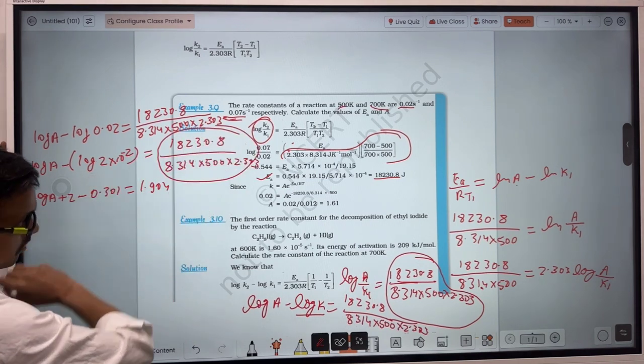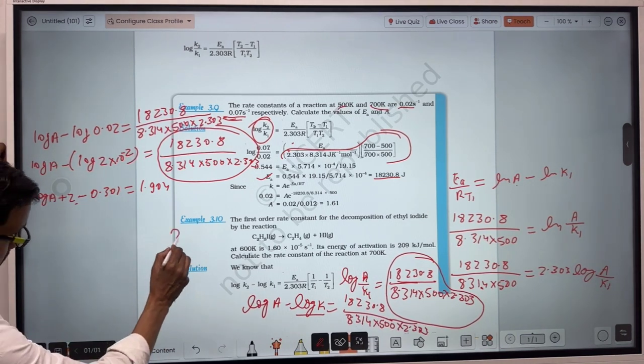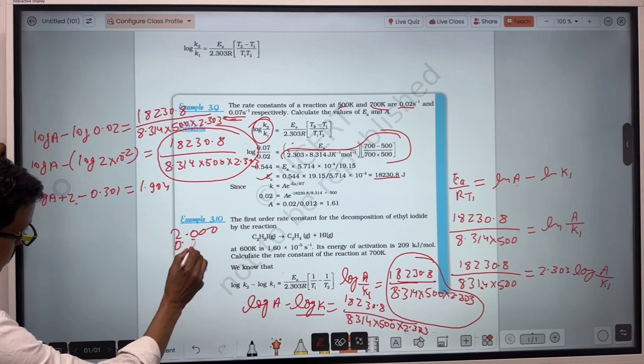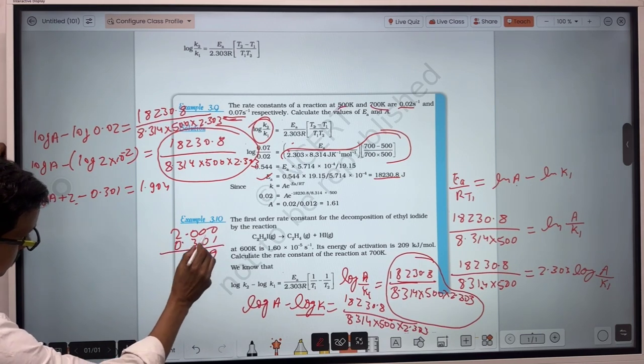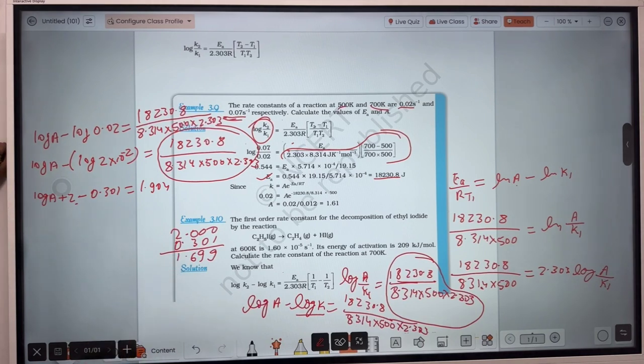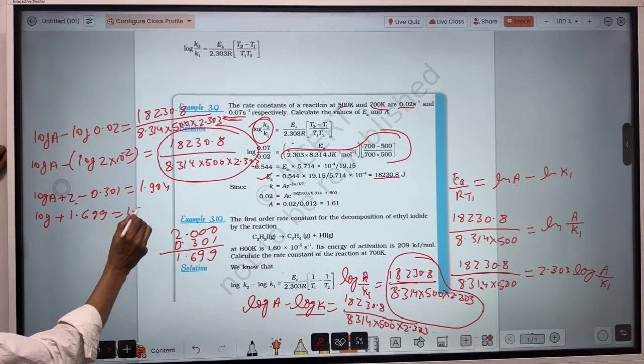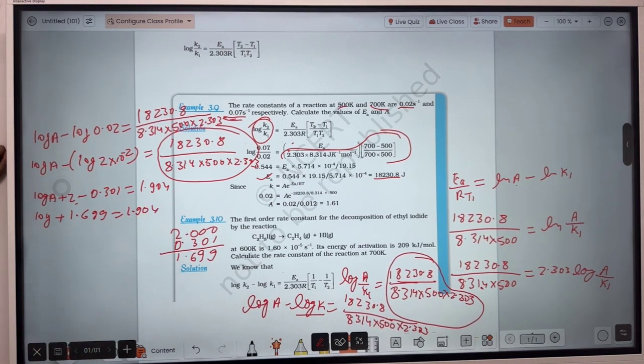This calculation is 1.904. When you calculate this one, 1.904 will be there. And log 2 is 0.301, so minus 0.301. So log A plus 1.699 equal to 1.904.